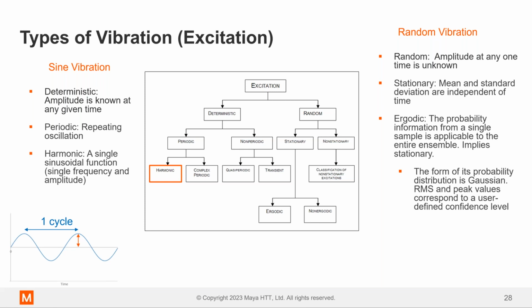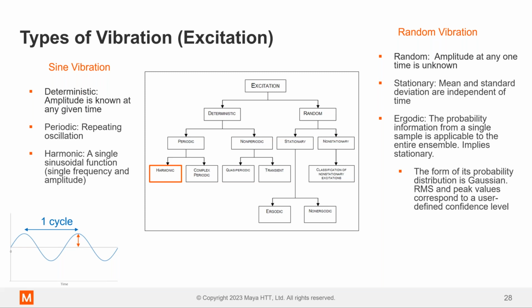Now the random vibration, the amplitude at any one time is not known, so it's random. It is stationary though, so the mean and standard deviation are independent of time. It's ergodic, so the probability information from one sample of a decent enough length of time is representative of the entire sample of time.